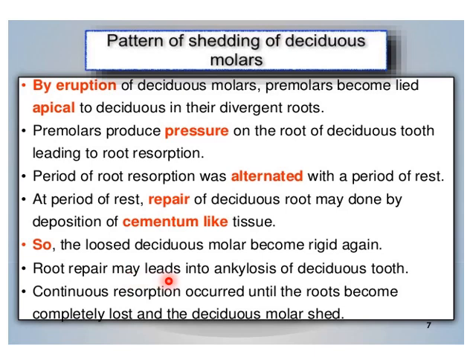Root repair may lead to ankylosis of the deciduous tooth, by the formation of cementum-like tissue which causes fusion with the permanent tooth crown. Continuous resorption occurs until the root is completely lost and the deciduous molar is shed.